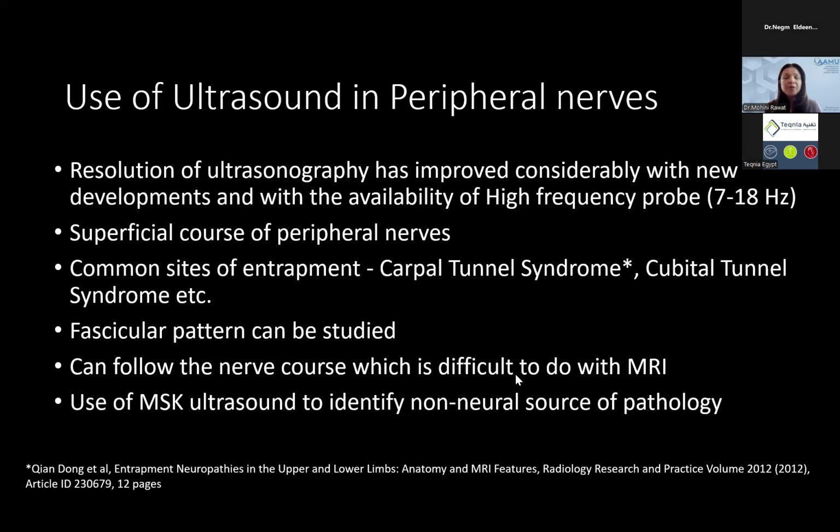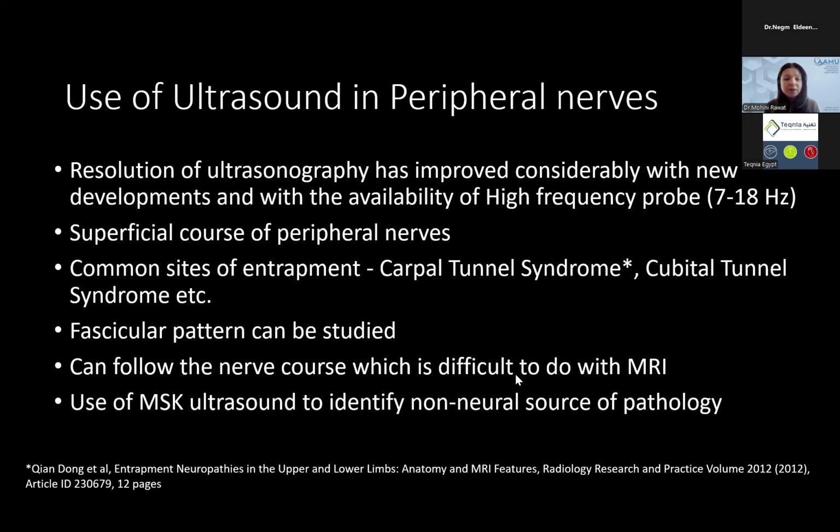Most of the peripheral nerves run a superficial course, which makes it easy to see these nerves. If you put the probe there, you can see the nerves clearly. Even deeper sites are still accessible, and we rarely run into the problem where a nerve is hiding behind a bone, so that is not a problem with ultrasonography.